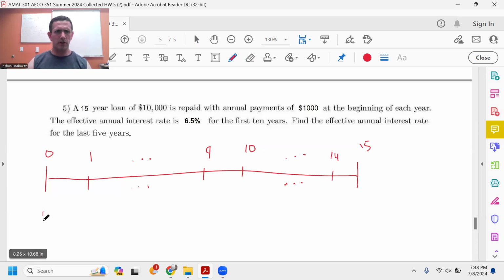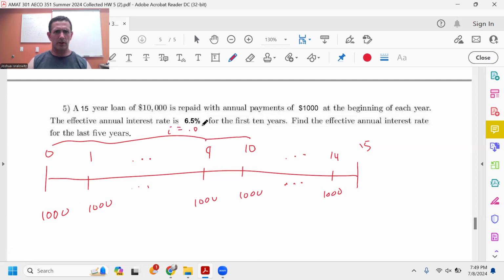1,000 at the beginning of each year for 15 years. Nothing at t equals 15. So here the interest is 0.065.